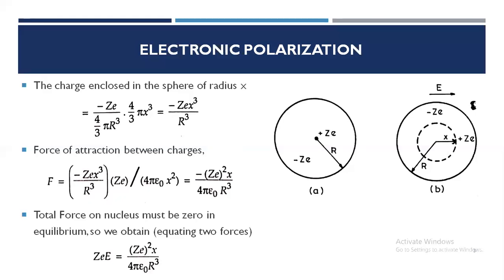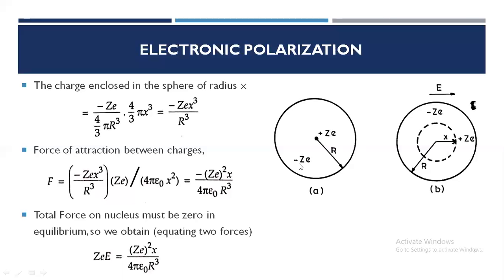Let's see the figure shown, figure A, with the circular part. Centrally, the positive nuclear charge Ze is placed at the center of this circle, and the spherical part is considered as a negative charge, that is minus Ze.